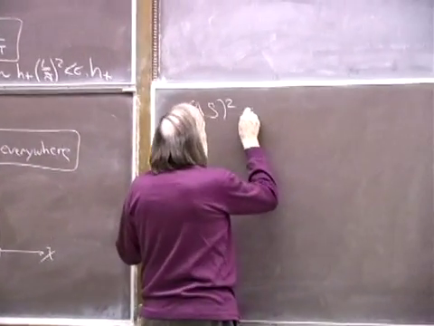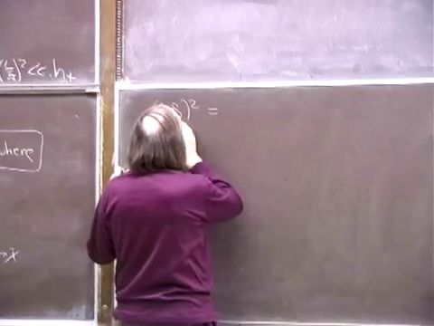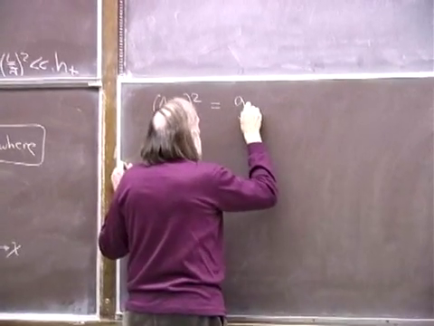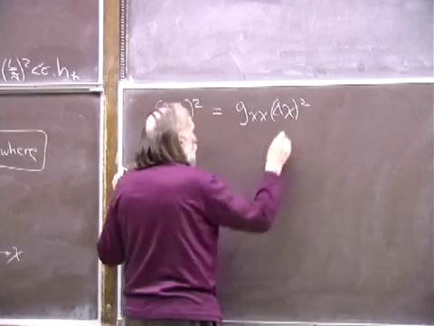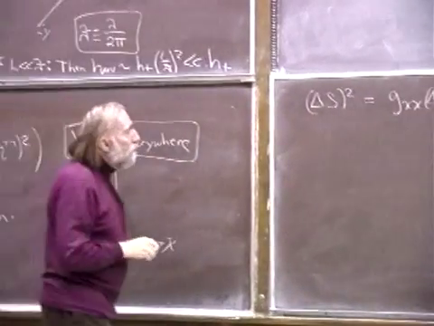At a particular moment of time, the separations are given just by gxx times the separation in the x coordinate squared.